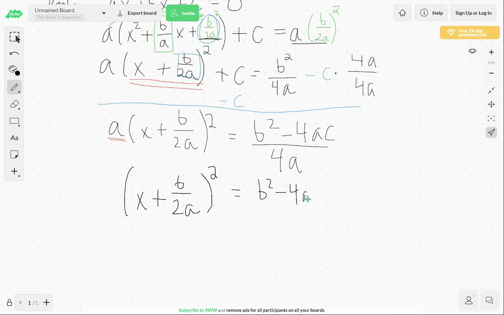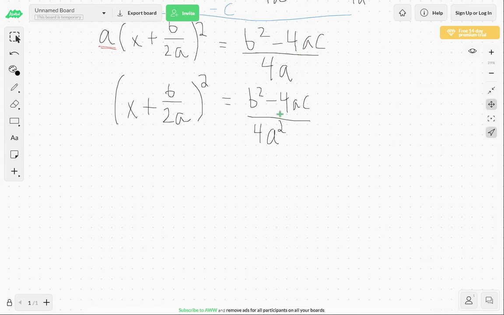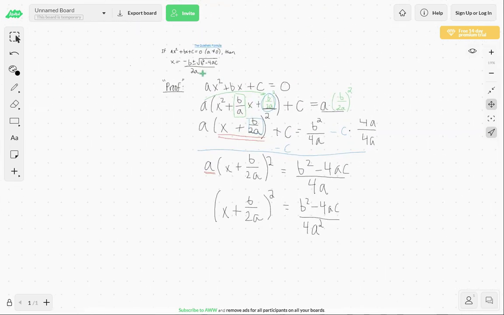The top remains the same, and then the bottom just gets an extra power of a. Awesome. I'm going to pan down a little bit more. We're almost there. Maybe I'll pan out and zoom out to the original formula. Remember, that's the original formula up there. Negative b plus or minus the square root of b squared minus 4ac all over 2a. That's starting to almost look like what we've got at the bottom, but we've just got a couple more steps.